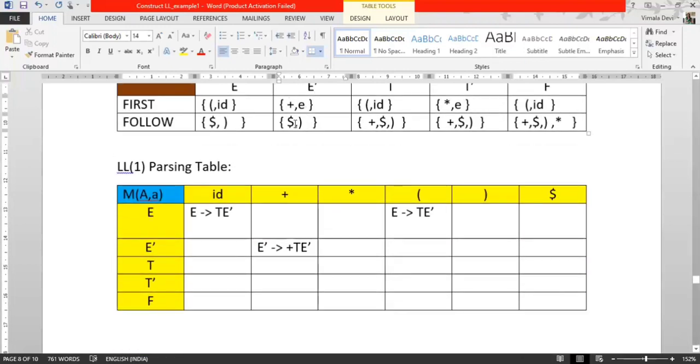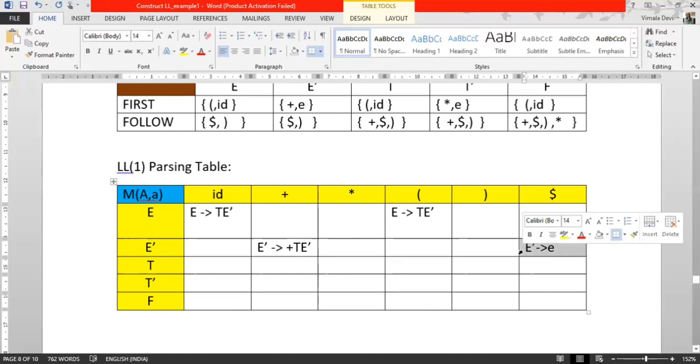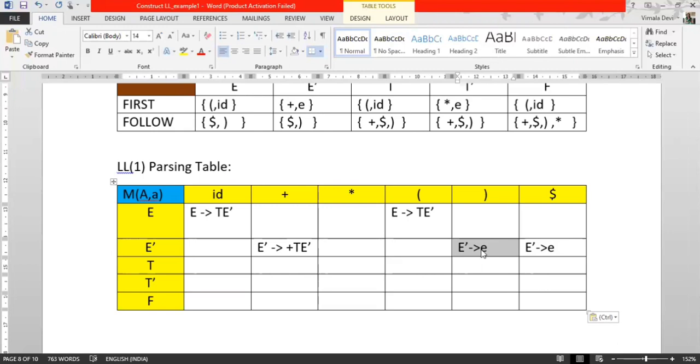Here we are updating the rule E' derives epsilon. At the same time, E' comma close parenthesis also we are updating the same rule. So whenever epsilon appears in the first set, that is the only moment we go for the follow set.